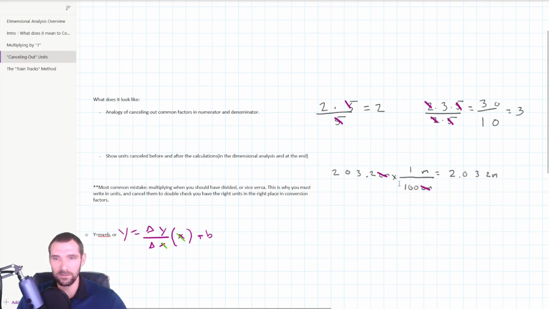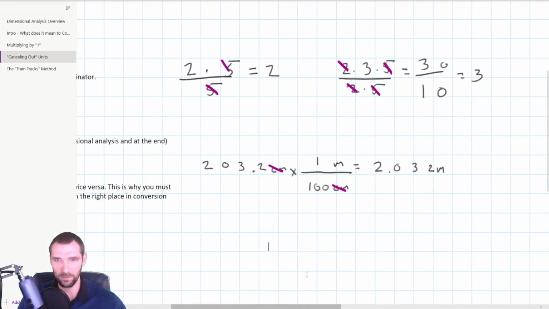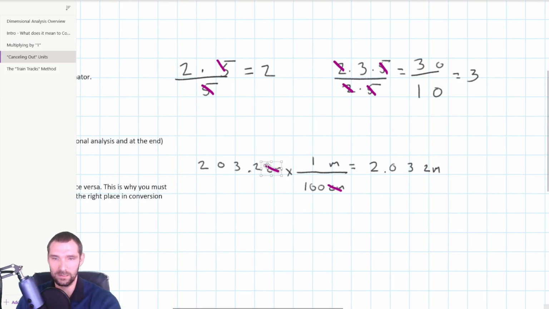We can say that we have, if we didn't cancel out the units, so I'm just gonna get rid of the purple here real quick. We don't need that just quite yet. So we can say that this is meters times the centimeters all over centimeters here.